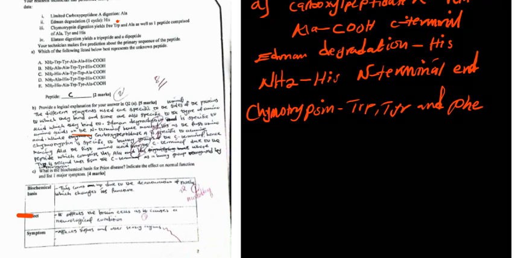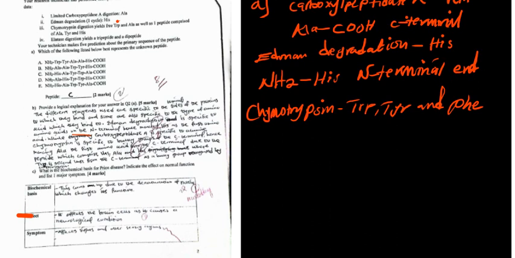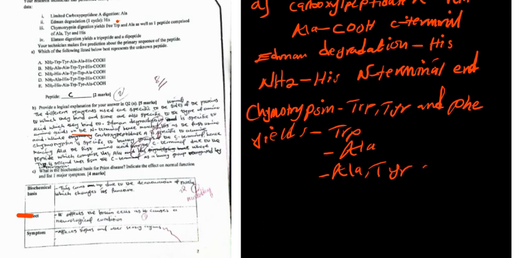Then it says chymotrypsin yields free tryptophan and alanine. So the results here yield free tryptophan, and alanine, and also a tripeptide of alanine, tyrosine, and histidine.